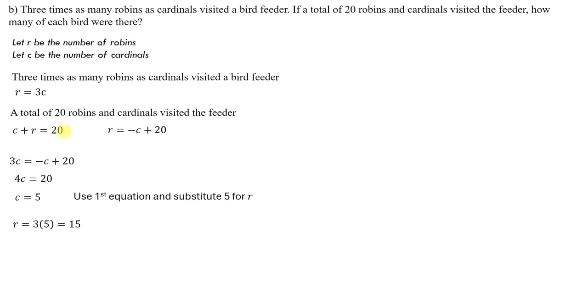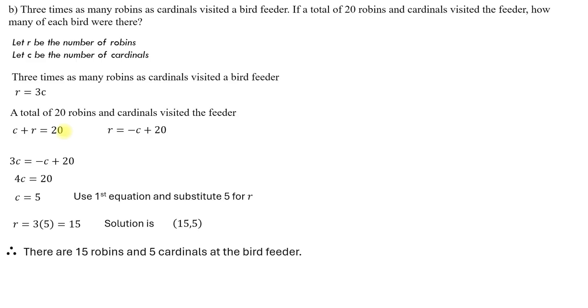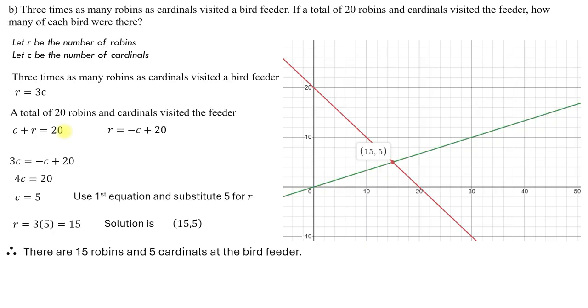So a value of 5 for C, and a value of 15 for R. Therefore, there are 15 robins and 5 cardinals at the bird feeder. And again, if we decided to graph these 2 equations, we could see that the lines meet at the point (15, 5).